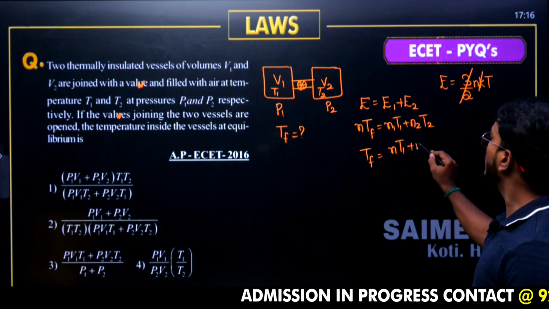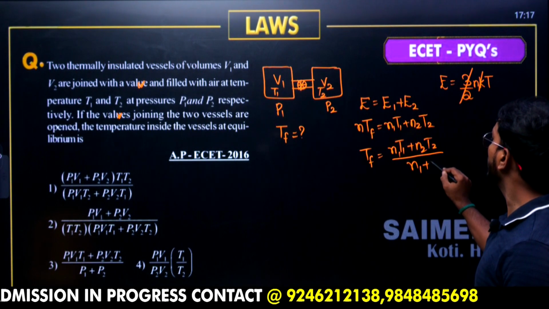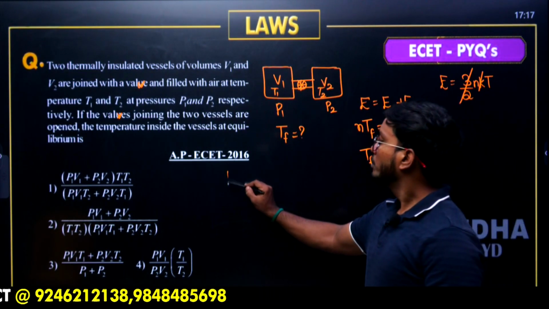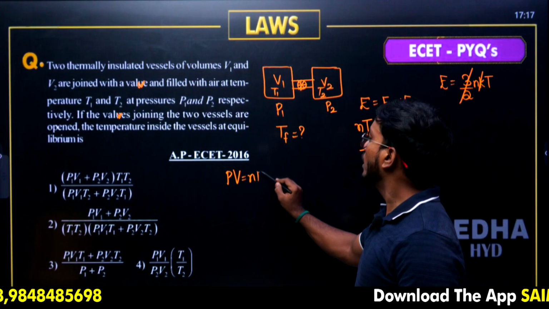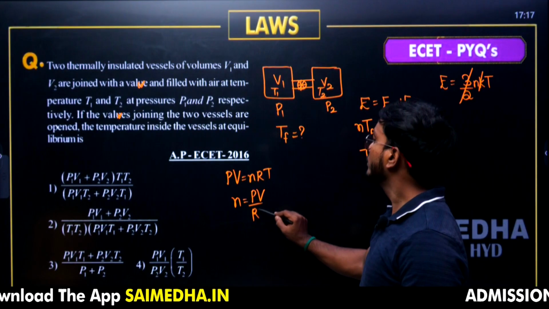n1 T1 plus n2 T2 divided by total n, where total n is n1 plus n2. Now, what is the formula for the number of moles? PV equals nRT, so n equals PV by RT.